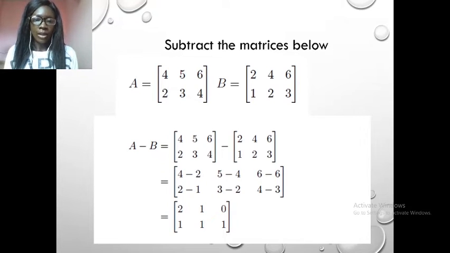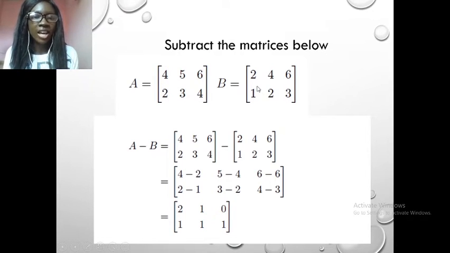All right, now let's move to higher matrix. But before then, you notice here everything is positive, right? So assume I have a negative and I want to subtract. Let's say this 2 in the first row and second column of the second matrix is negative. So we are going to have 4 minus minus 2.